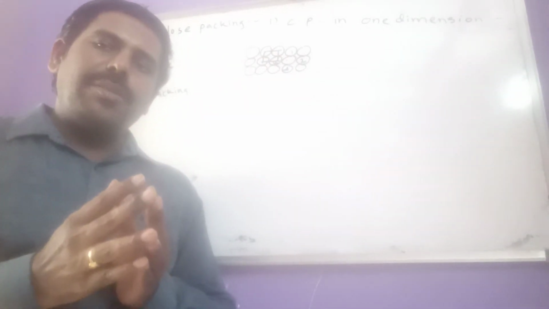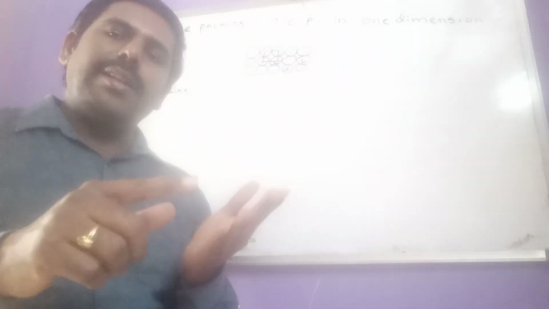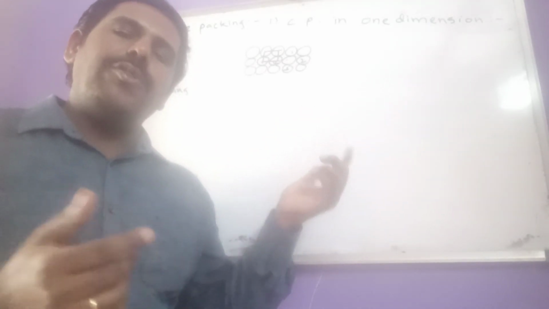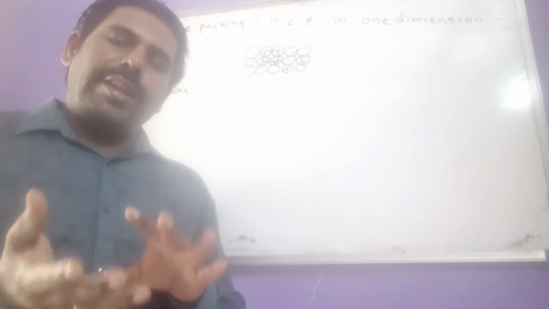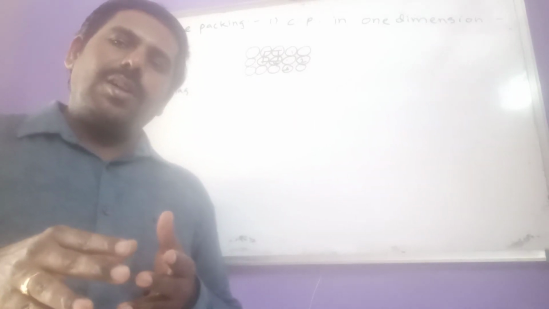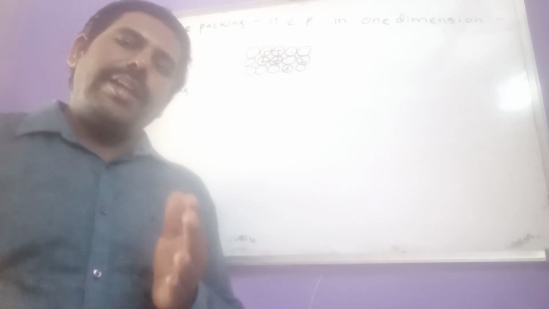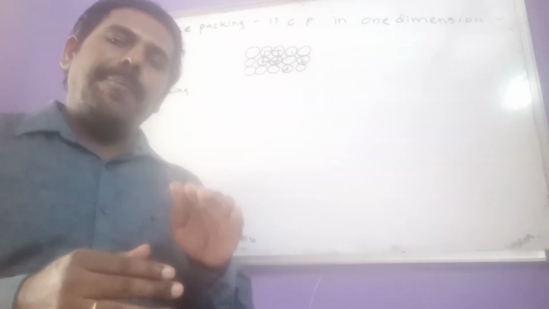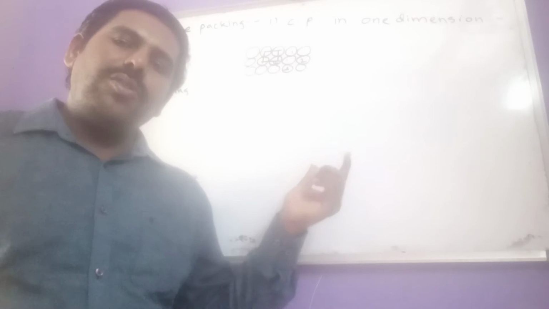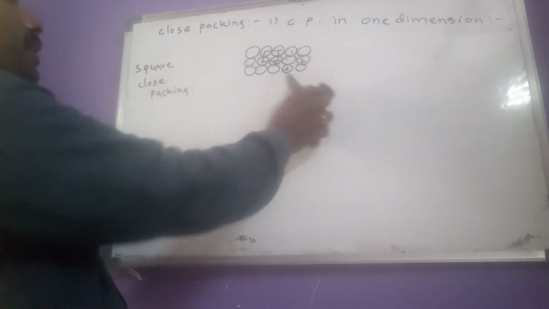And in such an arrangement, all atoms are aligned horizontally and vertically, and that leads to the formation of a simple cube. So if we convert that square close packing two-dimensional structure into three-dimensional by placing the layers one above the other, that leads to the formation of a simple cube.